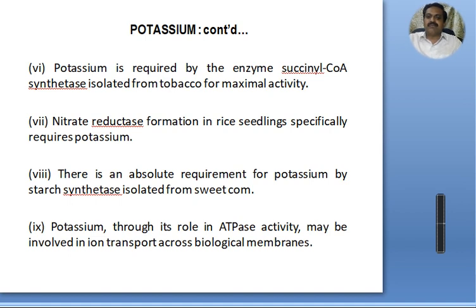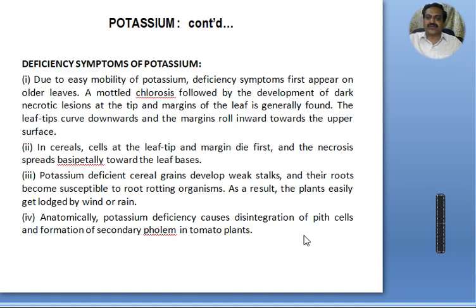There is an absolute requirement for potassium by starch synthetase isolated from sweet corn. Potassium, through its role in ATPase activity, may be involved in iron transport across biological membranes.